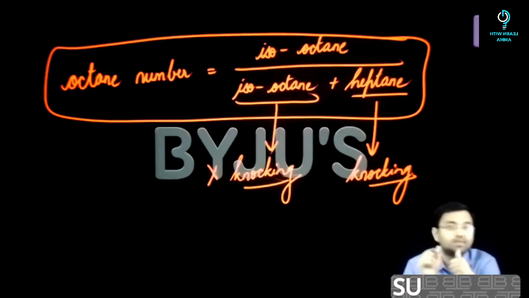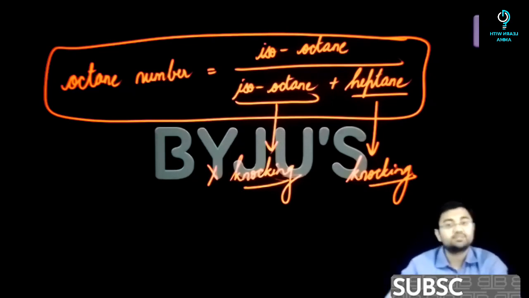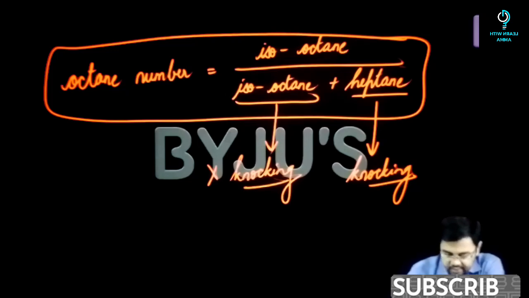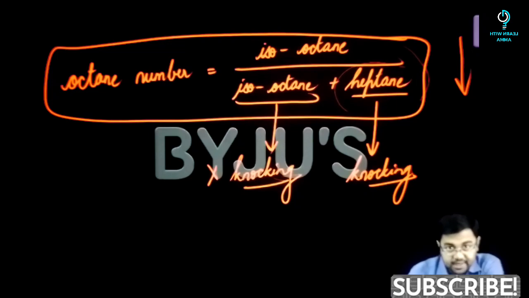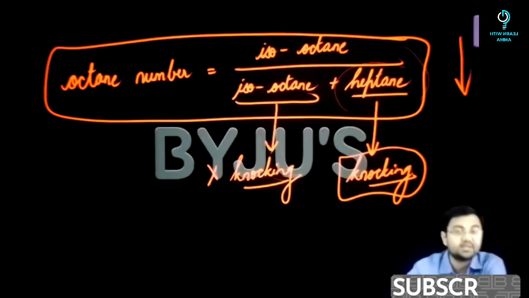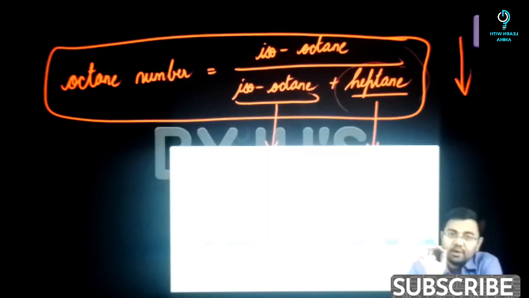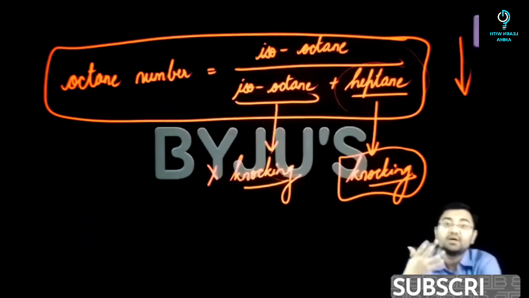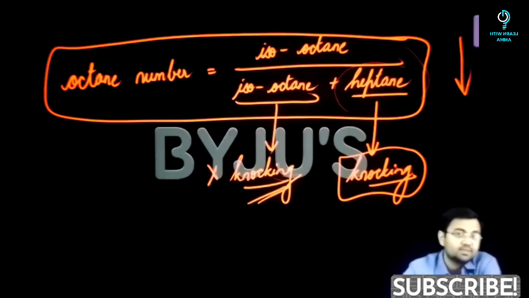Just imagine that if the amount of heptane is higher in this mixture, since it is in the denominator, obviously this number will go down, and since the amount of heptane is higher, it would mean that there is knocking happening in the engine. So that's why the efficiency is going down. So if the octane number has to be high, it means that the amount of isooctane in the mixture of isooctane and heptane has to be higher. This is what octane number is, and this is how we define it.